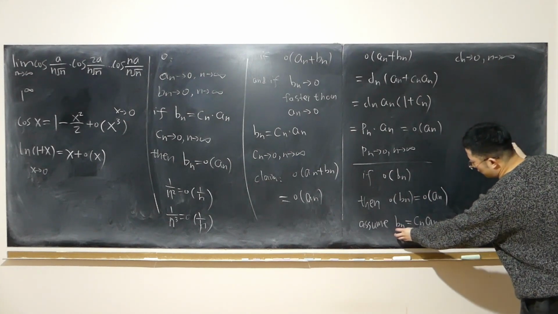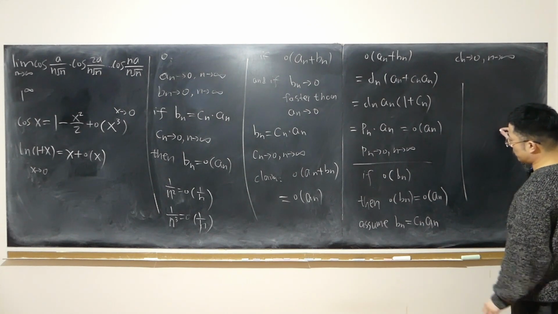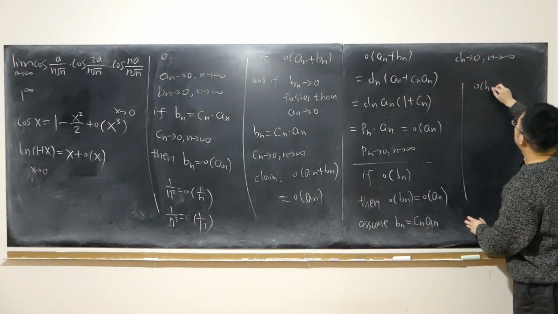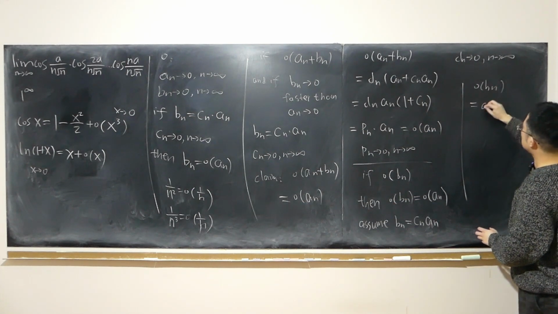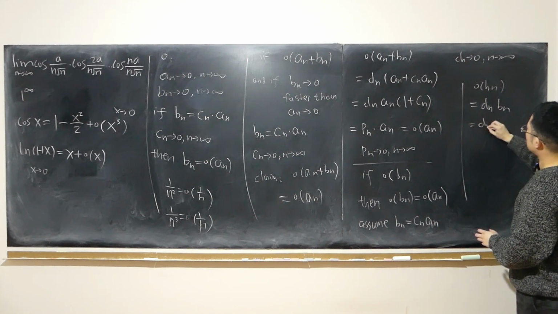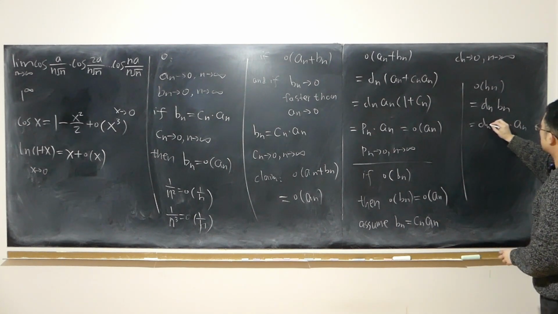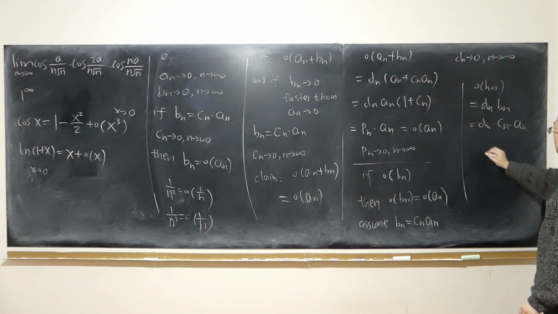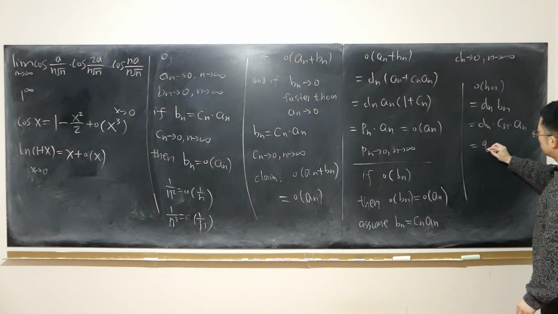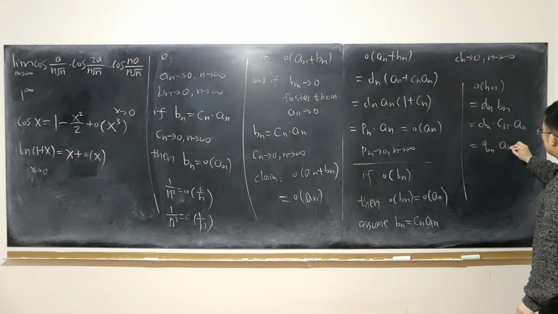I mean, bn is faster. The reason is simply because little o of bn can be written as some sequence dn times bn, dn approaching 0. dn times bn can be written as cn times an, cn approaching 0. dn times cn is also approaching 0. Let's call it qn. qn also approaching 0, times an.